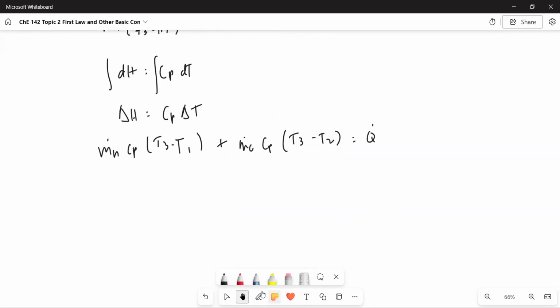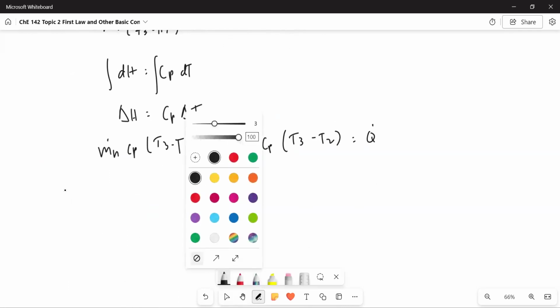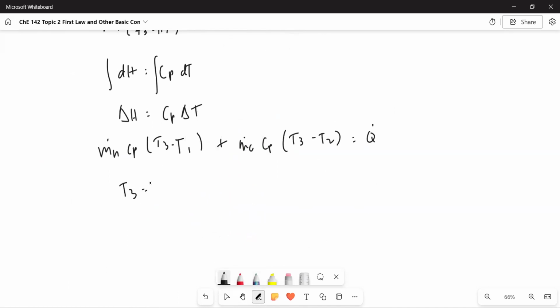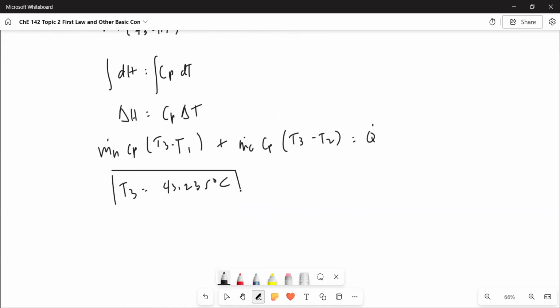If you use the solver and substitute the values, you will get T3 equal to 43.235 degrees Celsius. And this is the answer for example 15.